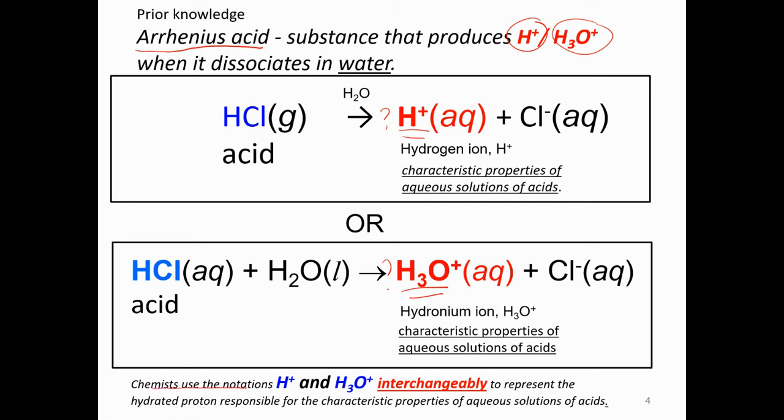Chemists use the notations H+ and H3O+ interchangeably to represent the hydrated proton responsible for the characteristic properties of aqueous solutions of acids. Thus, for this lesson, for strong acid we will use H+. If it's a weak acid, then we will use H3O+.